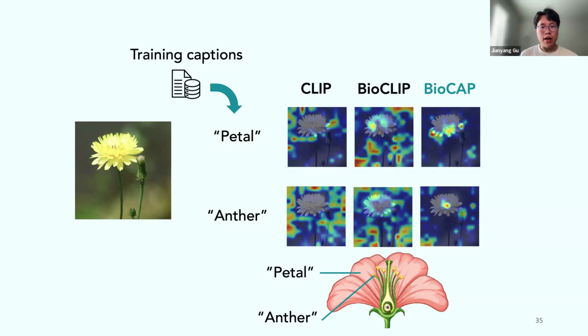And these really help us understand that the performance improvement of BioCap does not come from some black box, because we explicitly tell the model that you should look at petal and anther to predict these species. And that's how we make the model effective and at the same time interpretable.